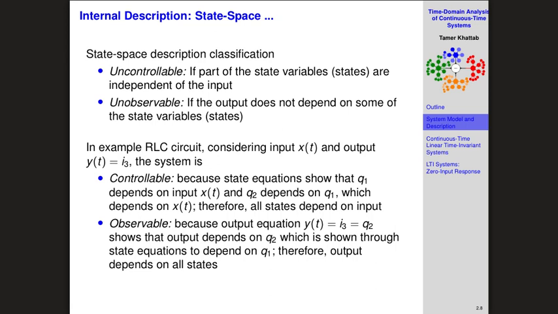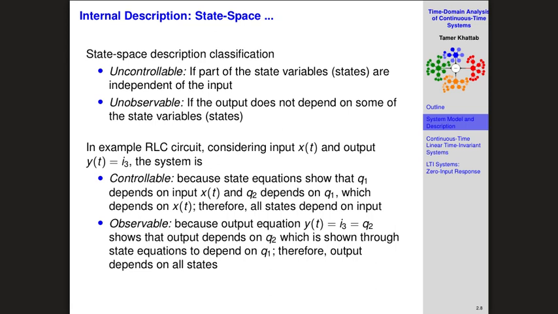Okay. Any other questions? So if you go to the example of the previous slide, that's my mistake. I should have written the equations here again. But anyway, to summarize what I just mentioned, you will notice that in the state equations, the first equation shows a relation between Q1 and the input.